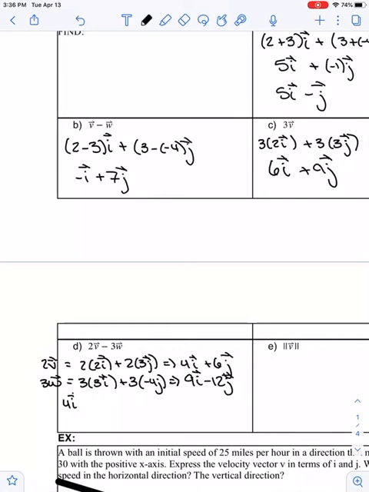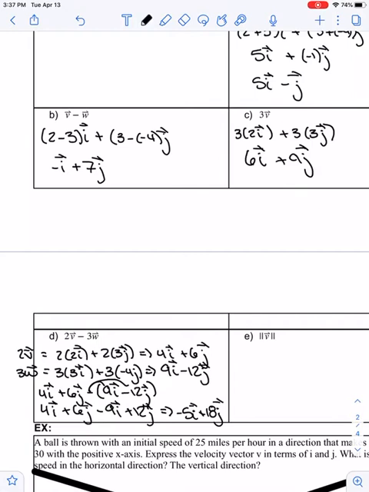So 4i plus 6j minus, and you want to put this in parentheses, 9i minus 12j. We're going to distribute that negative inside the parentheses, and we get 4i plus 6j minus 9i plus 12j. And then you just combine like terms. So 4i minus 9i is negative 5i, and then 6 plus 12j is 18j.